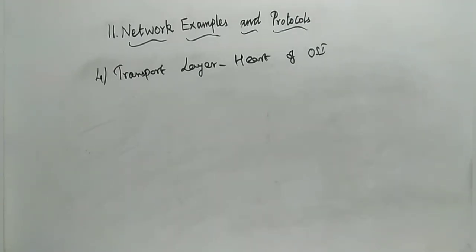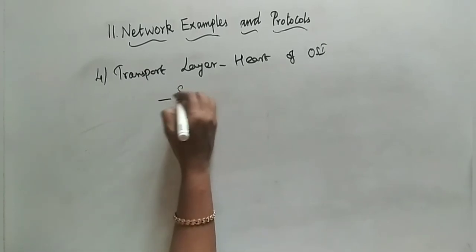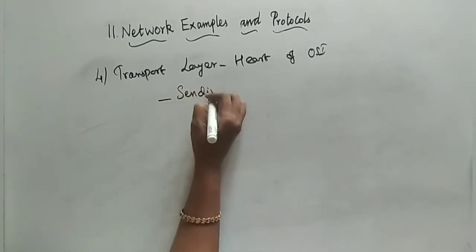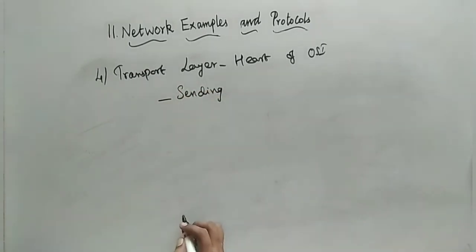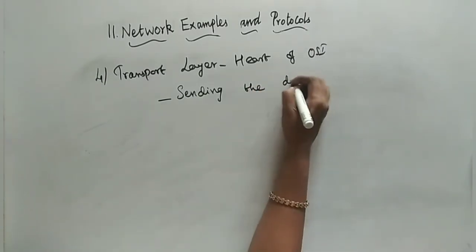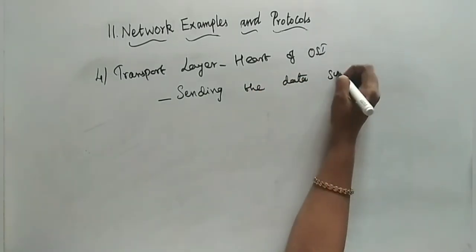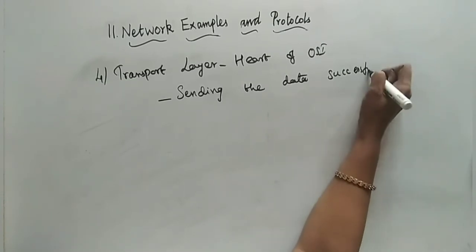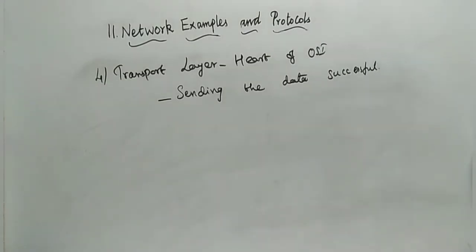Here, what is this layer going to do? It guarantees that the sending of data is successful. It is going to guarantee that the data you are sending reaches the receiver end successfully. That is guaranteed in the transport layer.